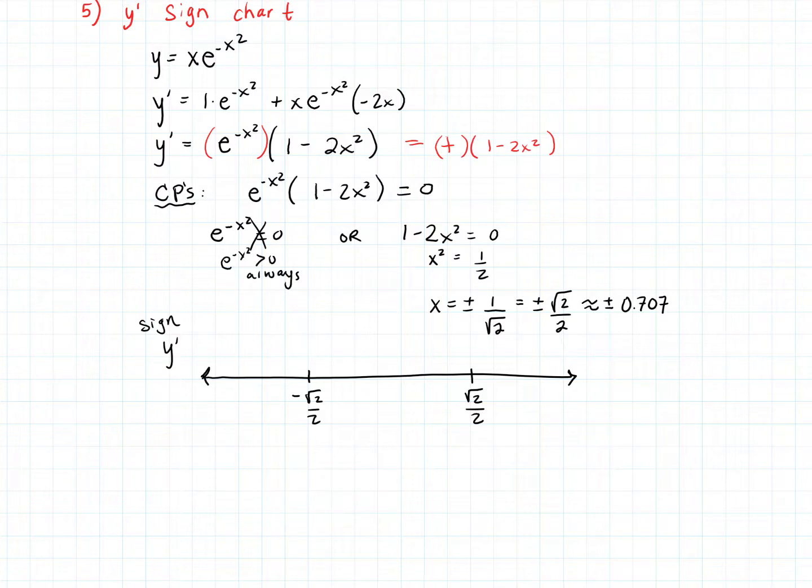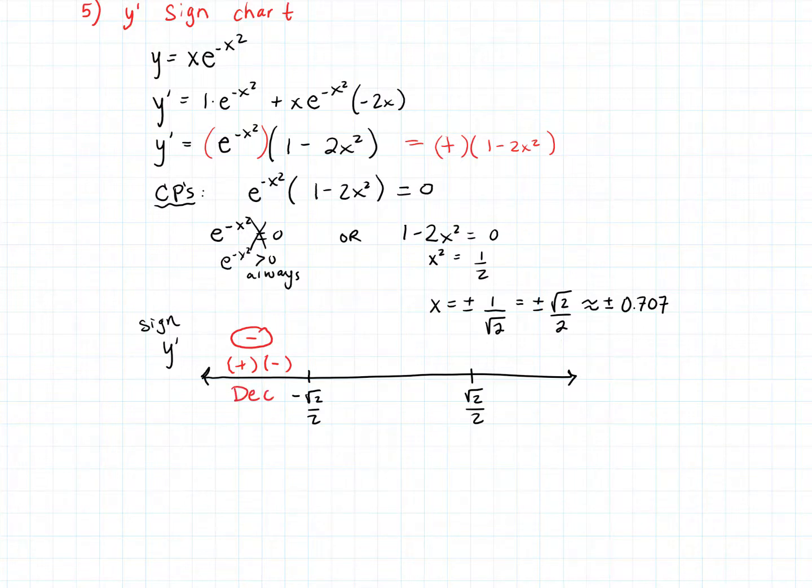So we're really looking at the sign of that second piece. So positive, if I pick something to the left of negative 0.707, negative 5, for example, this is going to be negative. So this results in a negative, and this is decreasing on that interval.